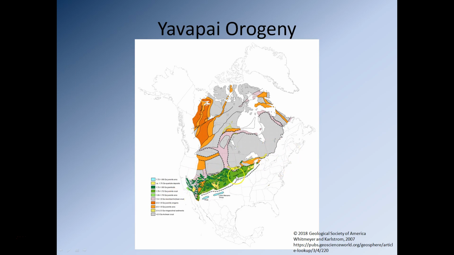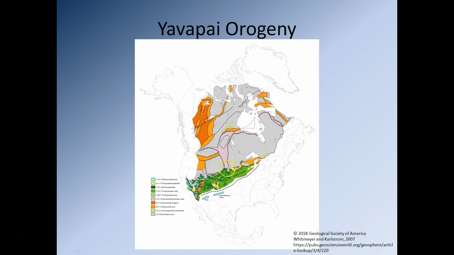What happens is an ocean basin begins to open up along the southern margin. This ocean basin is going to have a spreading ridge in the middle of it, creating new oceanic crust. And we begin to notice that a subduction zone opens up along the southern margin of this basin. So the oceanic crust begins to subduct to the south.